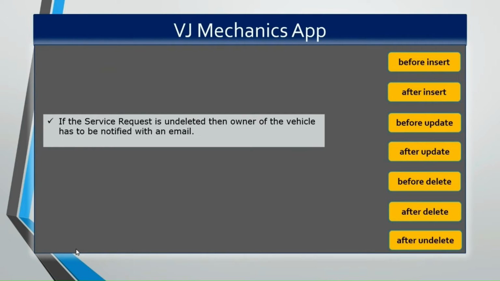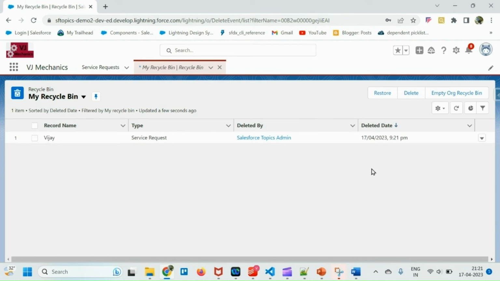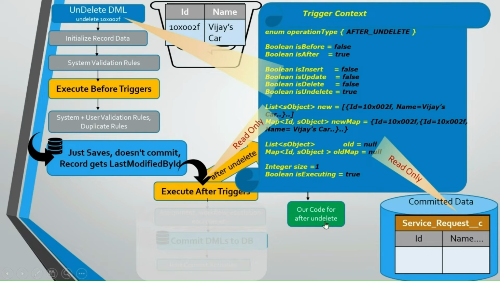Here the requirement is, if the service request is undeleted, then the owner of the vehicle has to be notified with an email. That means if the user is restoring an already deleted record, Salesforce performs the undelete DML operation on this record. We can trigger an email after it has successfully undeleted that record.